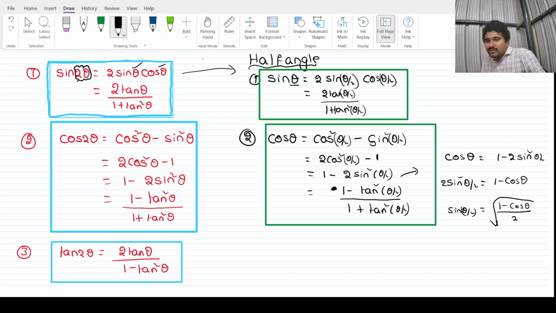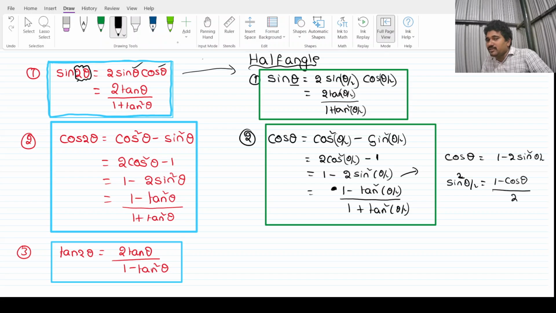But don't remember this. Remember this only; from here all are originating. If you want to remember like that, you would have to remember for cos theta by 2 also. It's not encouraged. Or else you remember this one, because in your integration you should replace the square term with a power 1 term.